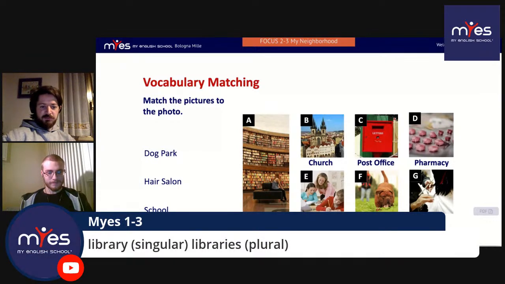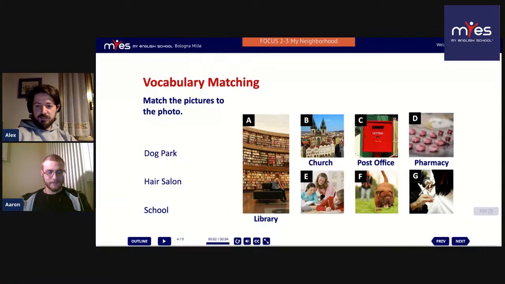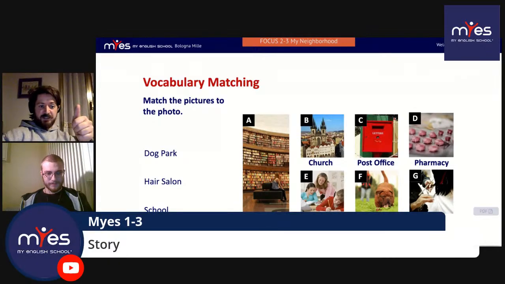Exactly. That's the plural. This is very common in English when you have the consonant. For example, we have story. Story is singular. So for example, Toy Story. That's just one story. But if we have lots of them, then they become stories, with an IES. So it changes.